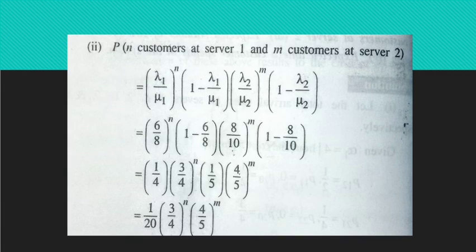So we have to take lambda 1 by mu 1 power n times 1 minus lambda 1 by mu 1. This is for a single server. Again for the second facility, lambda 2 by mu 2 whole power m into 1 minus lambda 2 by mu 2. If we substitute the values, we get 1 by 20 into 3 by 4 whole power n, 4 by 5 whole power m.